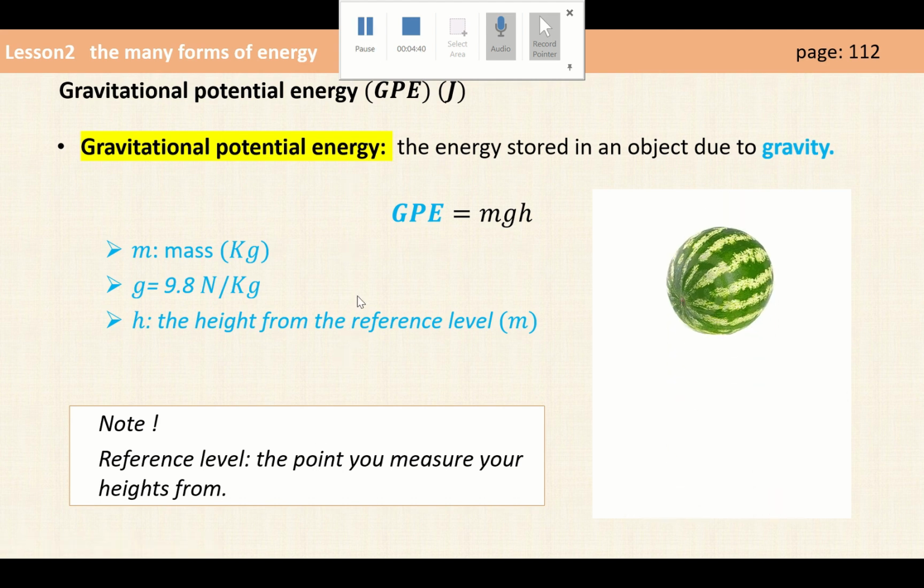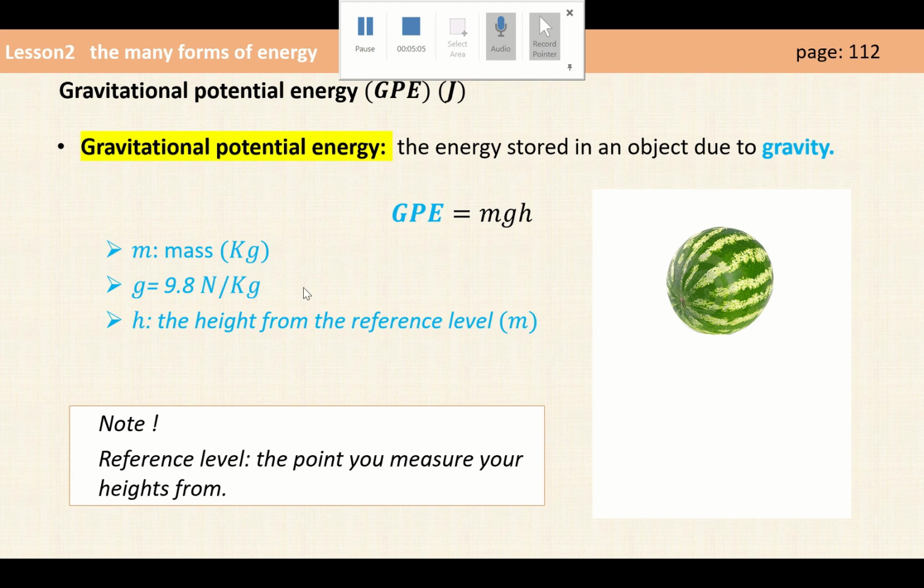Now be careful about the reference level. Reference level is the point or the surface you measure your heights from. And it can differ from one situation to another. So for example, I can measure the height of a light bulb from the surface of the ground. Another person can measure the height of the light bulb on the ceiling from, for example, the table as the reference level.